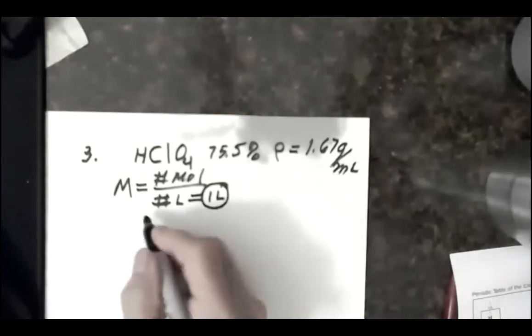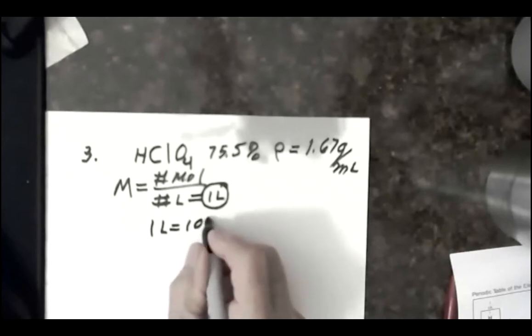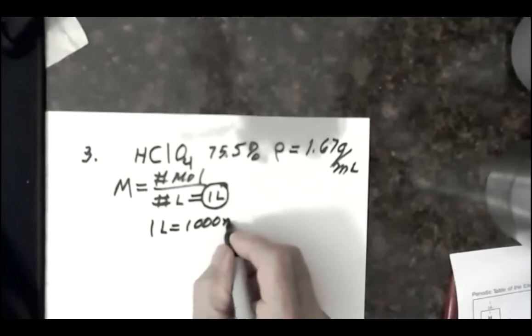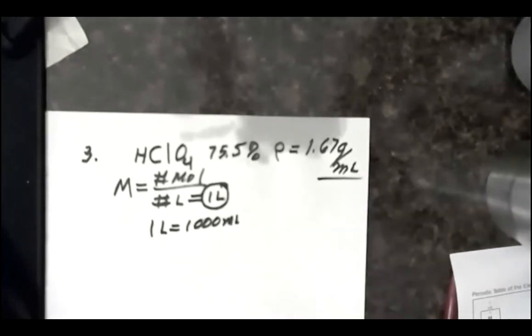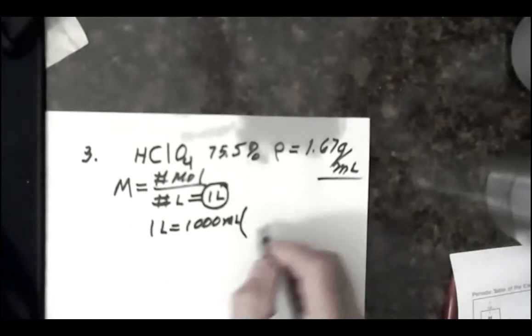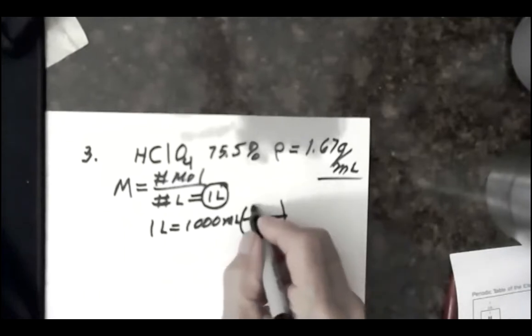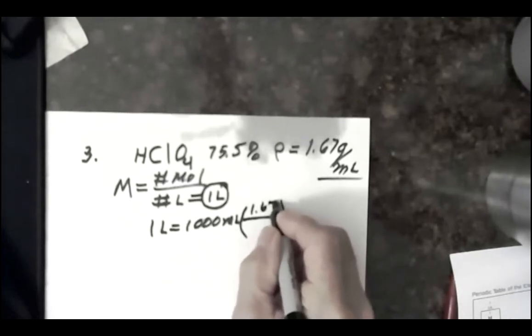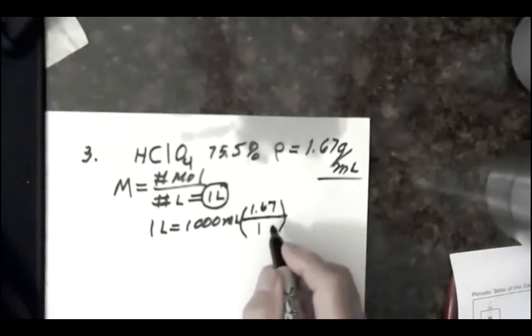Okay, so if I had 1 liter, that would be 1,000 milliliters. And I went to that because I'm looking at the density over here, it's in milliliters. So if I want to convert that, that's going to be 1.67 grams in 1 milliliter of the solution.